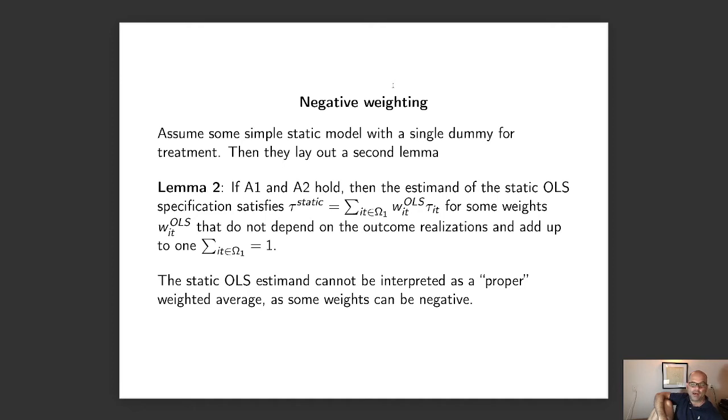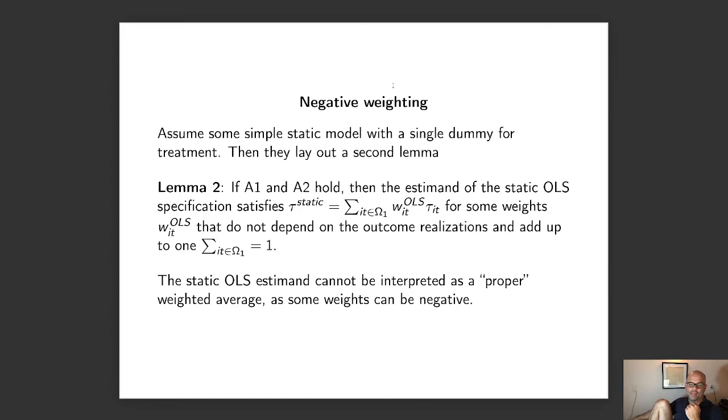Assume some single dummy for treatment. They have this second lemma. If assumption 1, parallel trends, and assumption 2, no anticipation, hold, then the estimand of the static OLS specification is this weighted average of all those individual level treatment effects for some weights.